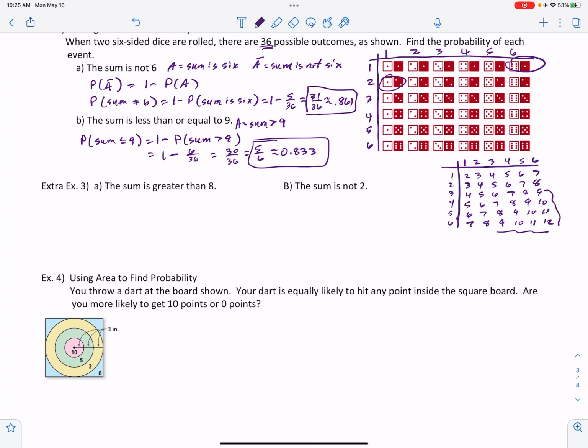I think I would probably just not use complements. I would just count those up. And sum greater than 8, there's 4 9s, 3 10s, 2 11s, and a 12. And that is a total of 10 out of 36, which is 5/18 or 0.278.